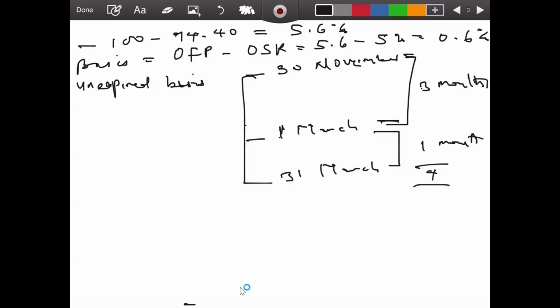So the unexpired basis, or the basis that will be left, will be the basis for 1 month. So therefore, let's now calculate the unexpired basis. So we know we have 4 months. 0.6 is the basis for 4 months. So let's see what the unexpired basis will be.